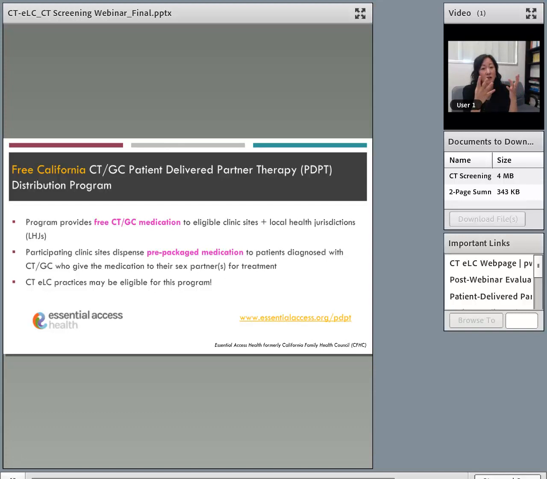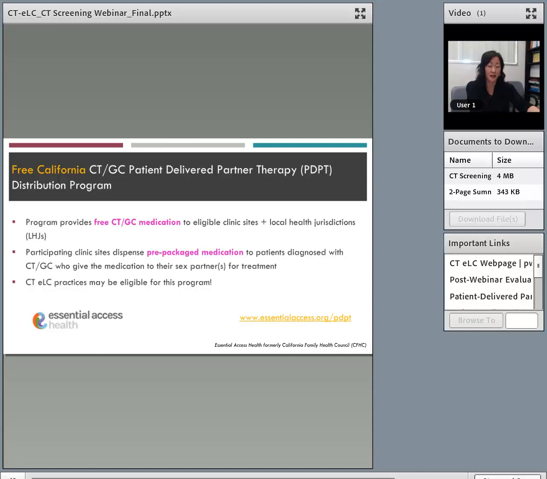And the patient would give the medication directly to the partner. And the practices that are on this eLearning collaborative may be eligible. You'll get these slides, but there's a website with a link to Essential Access in the program.